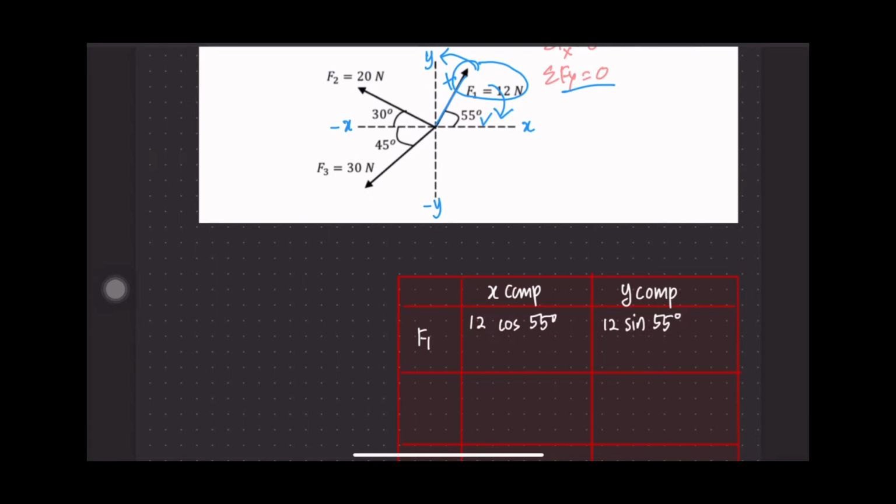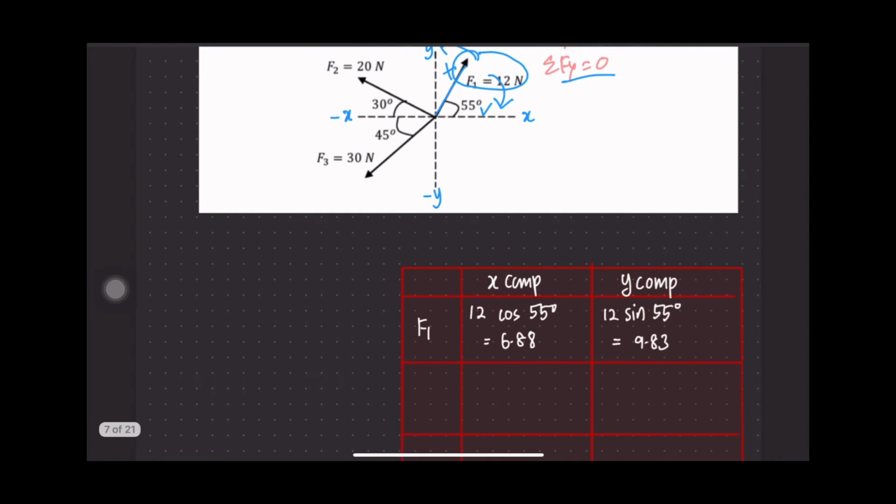Okay, so 12 cos 55 is become 6.88. Okay, so 12 sin 55 is 9.83.